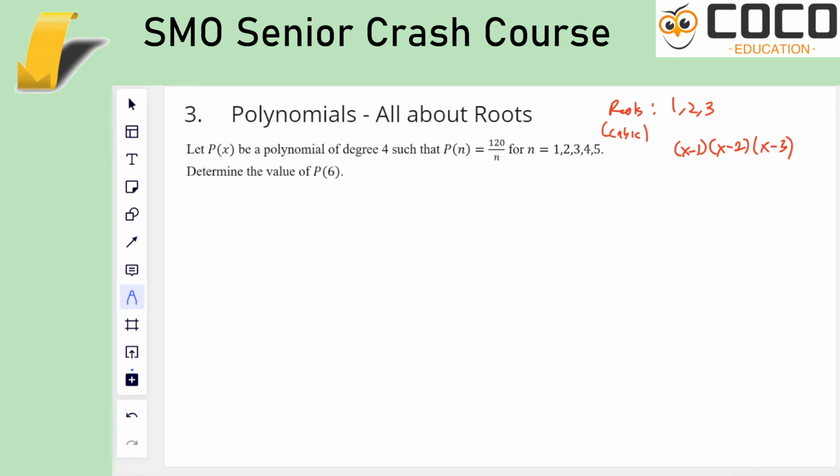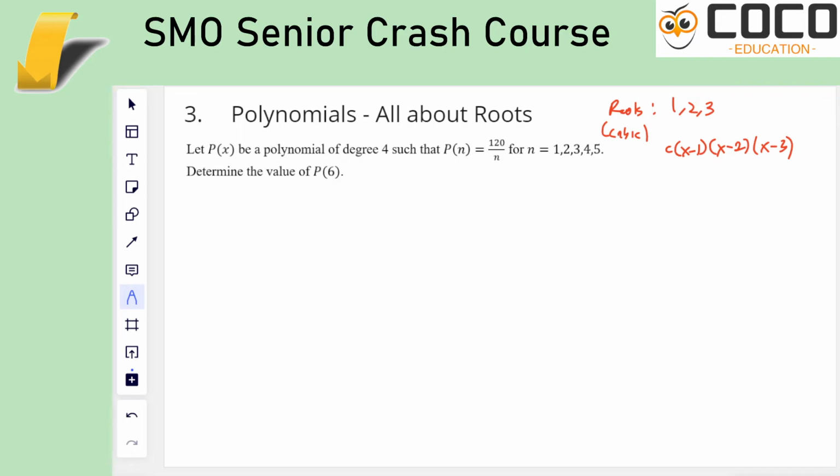That's how you get roots 1, 2, and 3. And technically what I've just invoked is the factor theorem. But it's common sense, right? It is x minus 1, x minus 2, x minus 3. Yeah, and I should add times a constant, possibly.